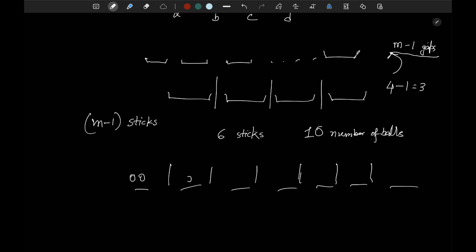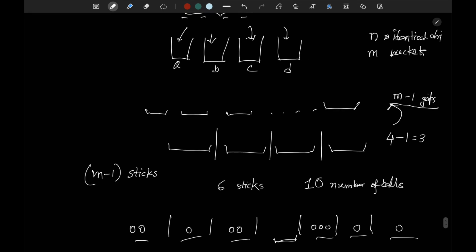Here 2 balls, 1 ball, 2 balls, no ball here. We will have 3 balls, 1 ball and 1 ball. We have 2, 1, 3, 5, this is 8, 10, right? So this is a possible solution of this kind of question.